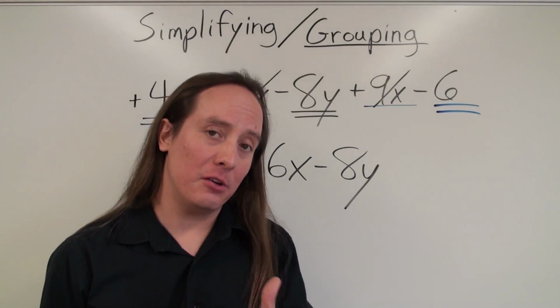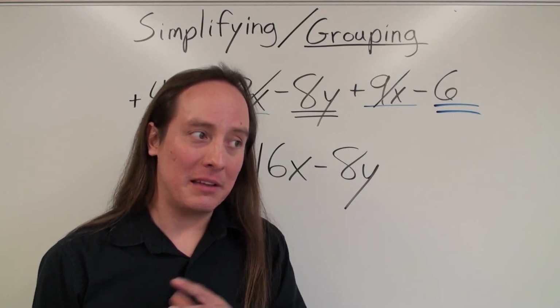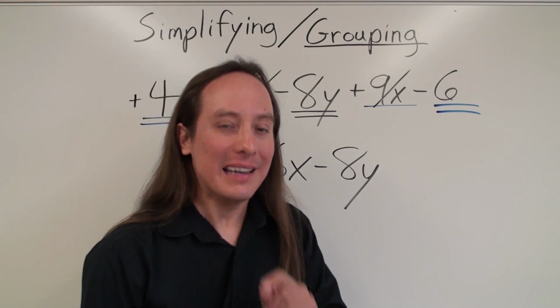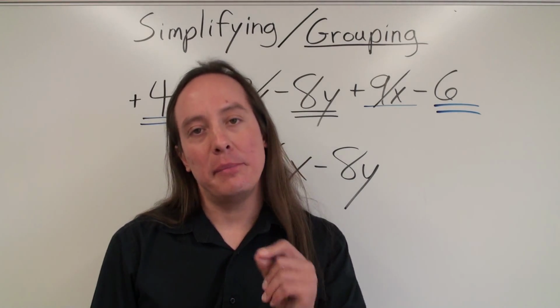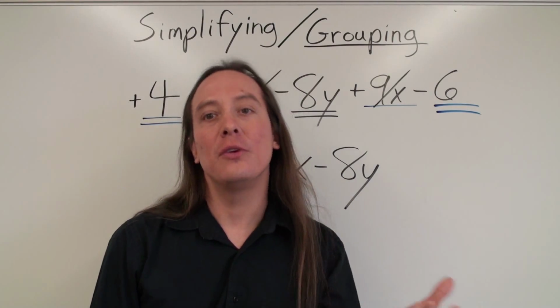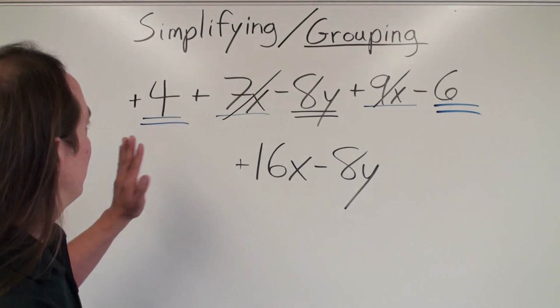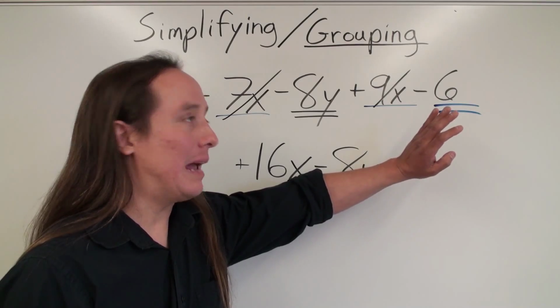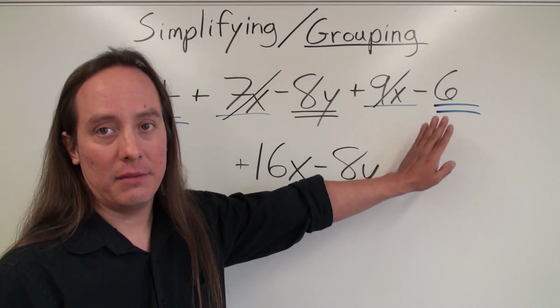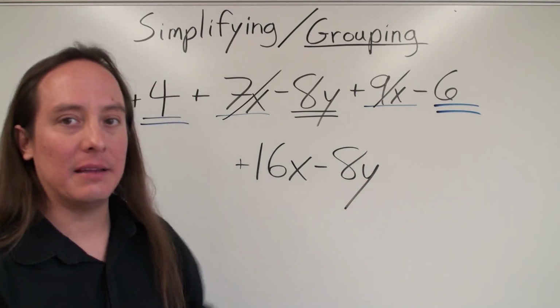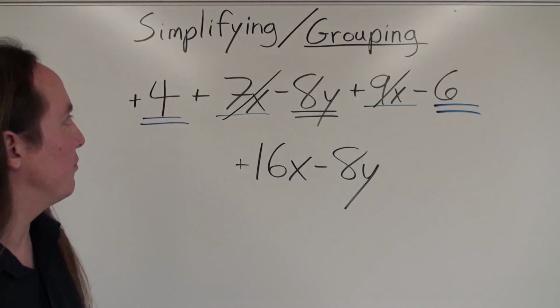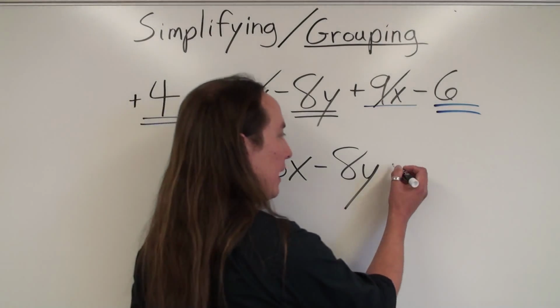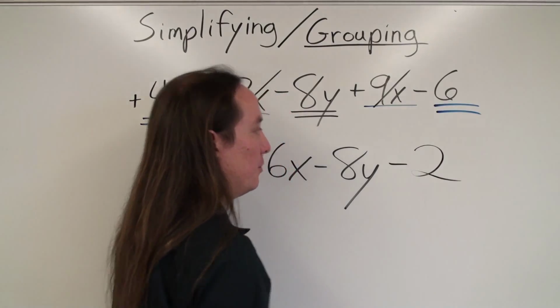If you remember the video about adding and subtracting numbers with different signs, we subtract, and the bigger amount keeps the sign. So in other words, 6 is bigger, so the answer is going to be negative, because the 6 is negative, and the bigger number gets to keep the sign in the answer. Okay, so we subtract them. 6 minus 4 is 2, and since 6 is larger, it's going to be a negative 2.